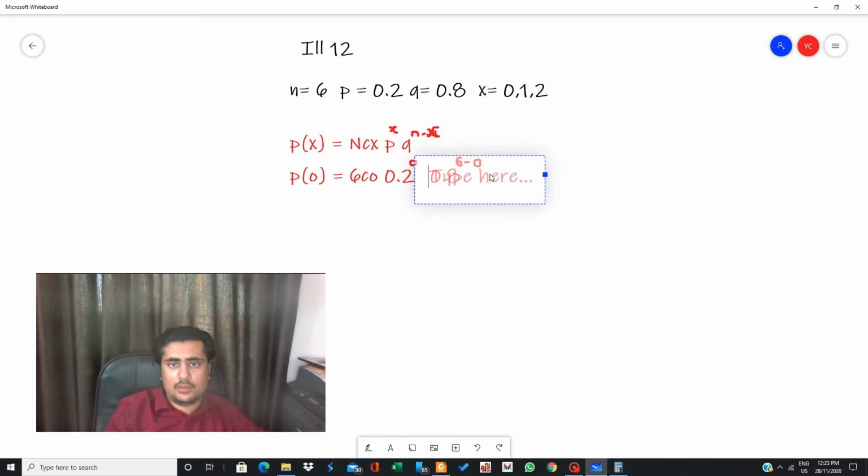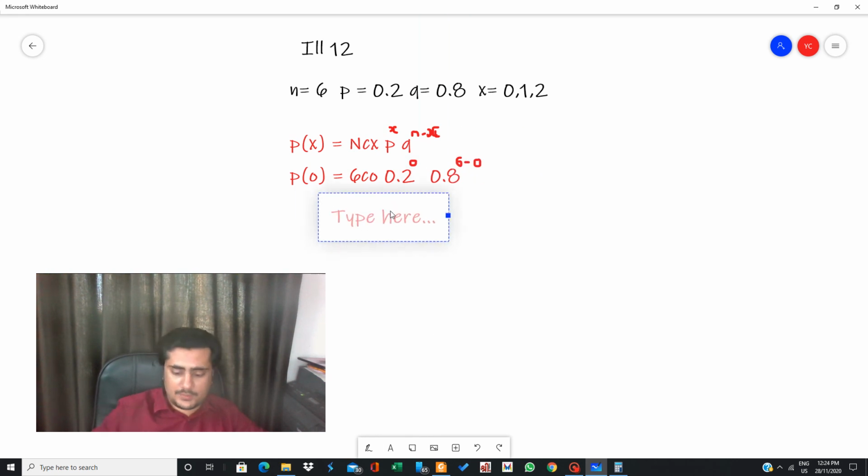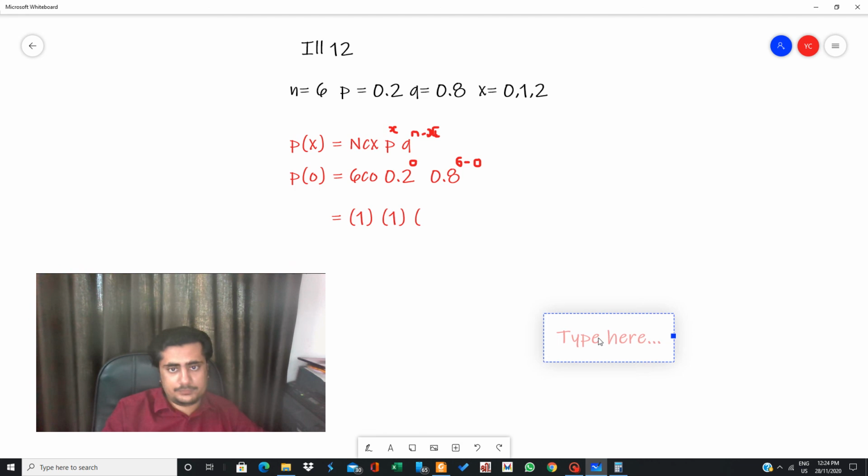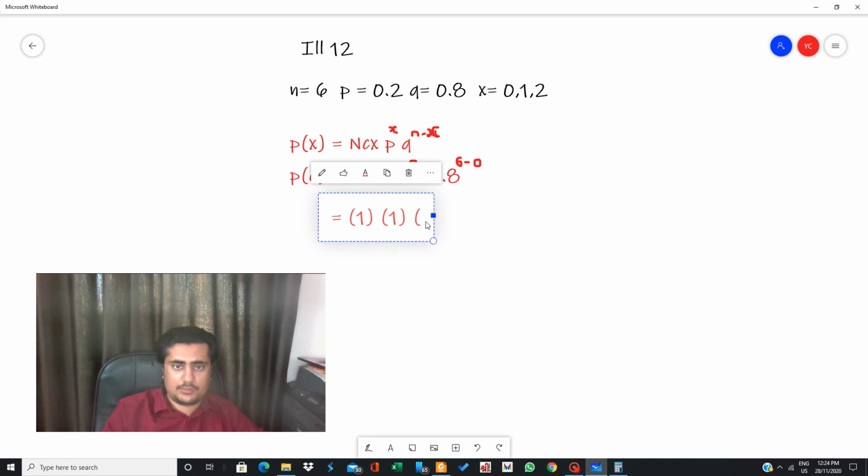Now how will we solve this question? 6C0 is 1. 0.2 raised to 0 is 1. 0.8 raised to 6. So it is 0.8 raised to 6.